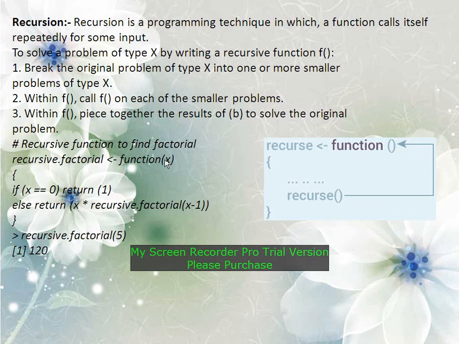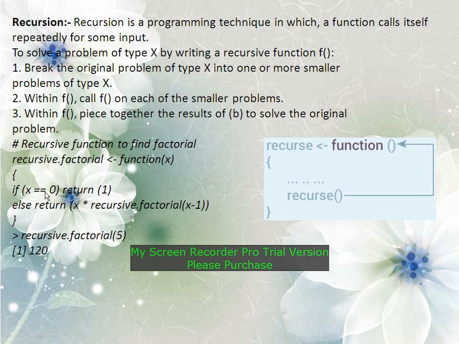So here is a recursive function to find factorial: recursive.factorial <- function(x). If x is equal to 0, this is the termination. When x reaches 0, then that should return the value 1 and terminate. Until that, it can continue calculating the value. So recursive.factorial of 5 is 120. Initially we are calling it with 5.